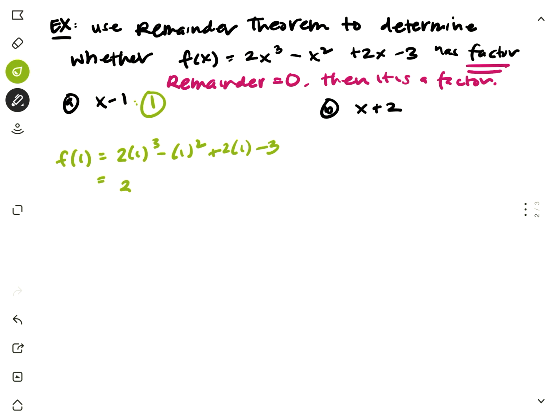So 2 times 1 is 2. Minus 1 squared is 1. Plus 2 times 1 is 2. Minus 3. So 2 minus 1 is 1. 1 plus 2 is 3. 3 minus 3 is 0. So what we know, because our remainder is 0, is yes, this is a factor. Yes, x minus 1 is a factor.